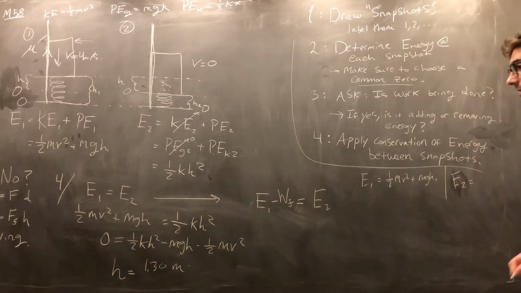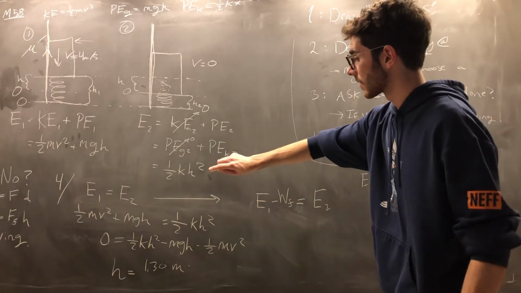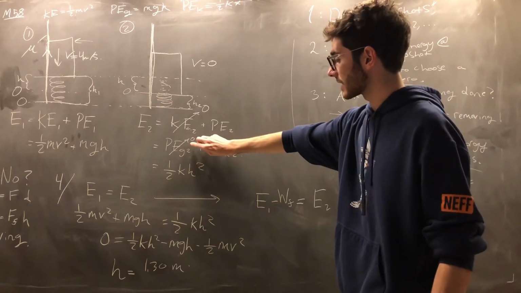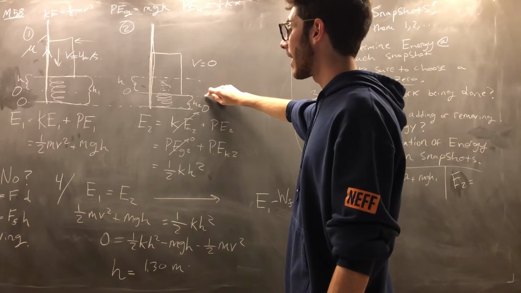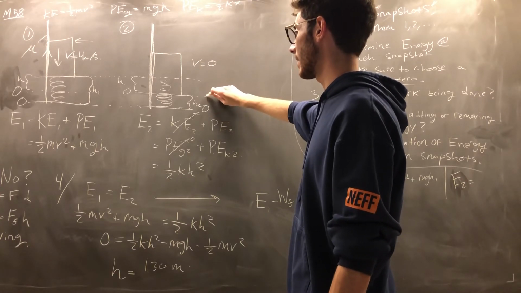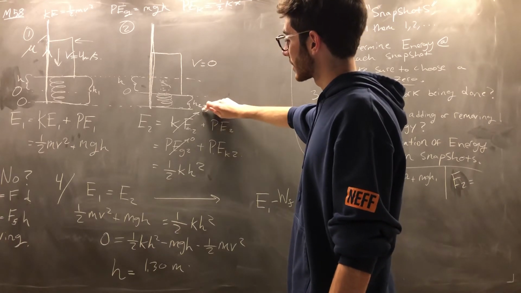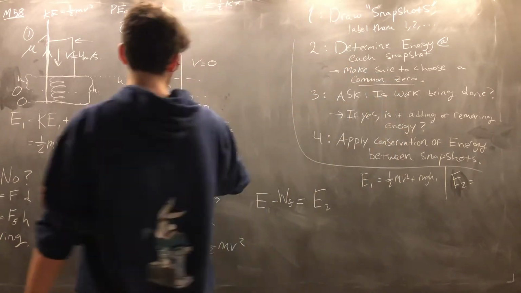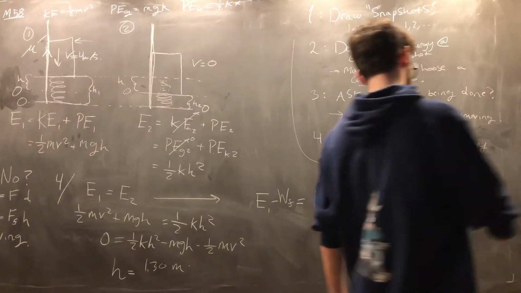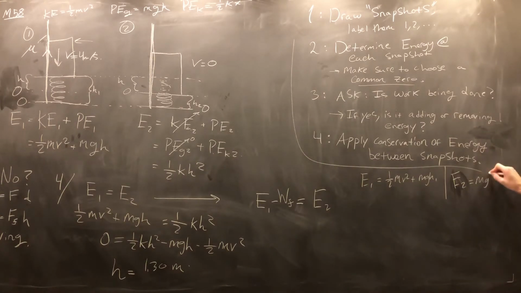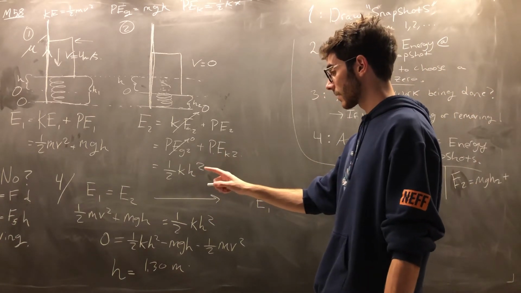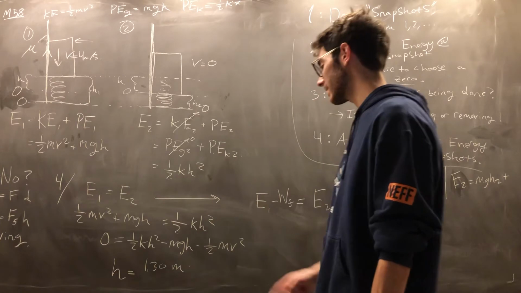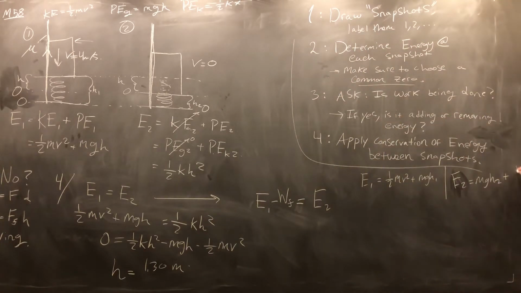Now we set it to 0 in the original case because we chose our origin at the height of the elevator at this point in time. But now our origin is down here, so the height is whatever this distance h2 is. So now we're going to have an mgh2, and also our expression for, well, actually it will be the same.